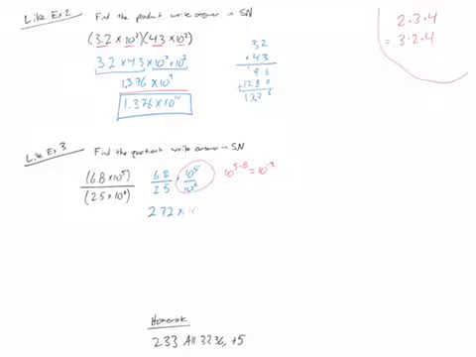So this would be times 10 to the -3. Because remember, you just say top exponent minus the bottom exponent. There's how you simplify that down. And this number here is between 10 and 1, so that is in scientific notation.